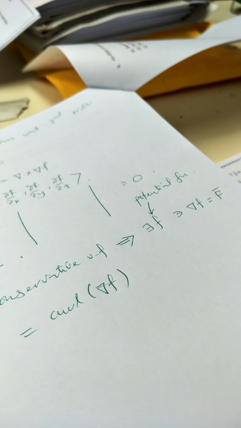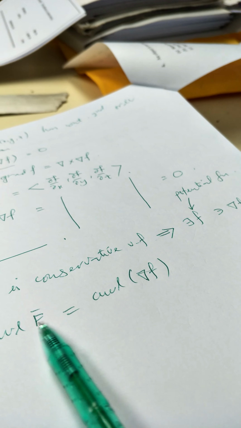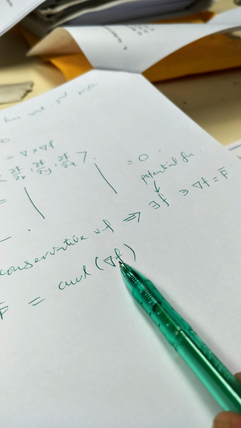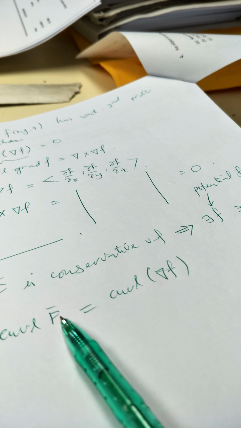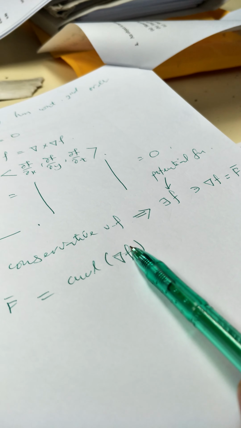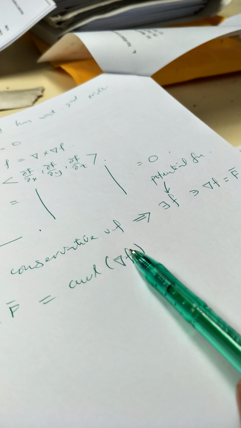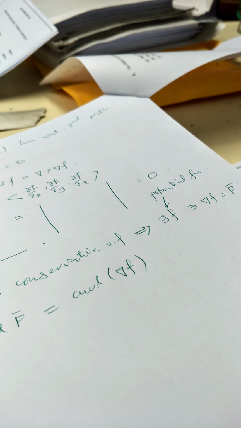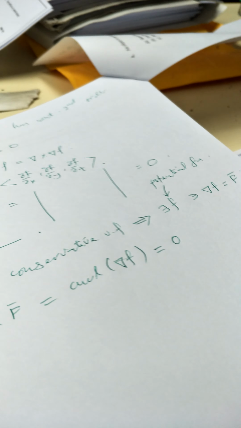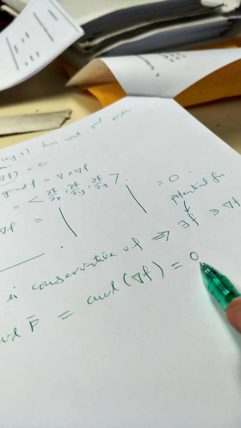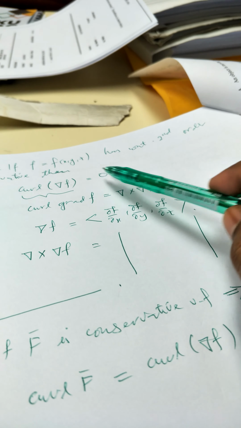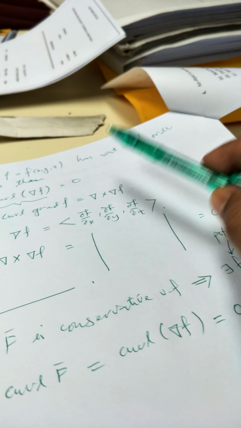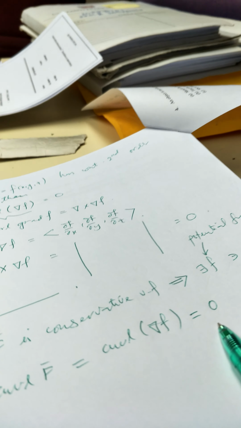So what we did here is substitute F with del f, where capital F is the vector field and f is a scalar function. That will give you 0, because we already have the theorem here saying that curl of del f is 0.